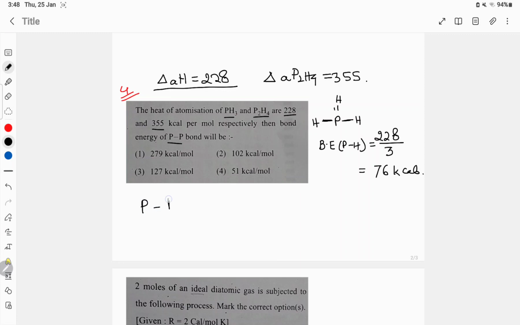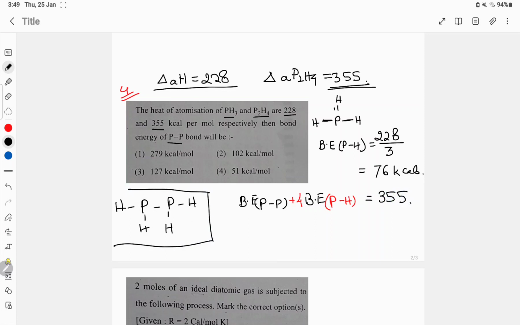And for P2H4 there is 1 P-P bond and 4 P-H bonds. So I can write the bond energy of the P-P bond plus 4 times the bond energy of the P-H bond will be equal to 355. This is for P2H4.